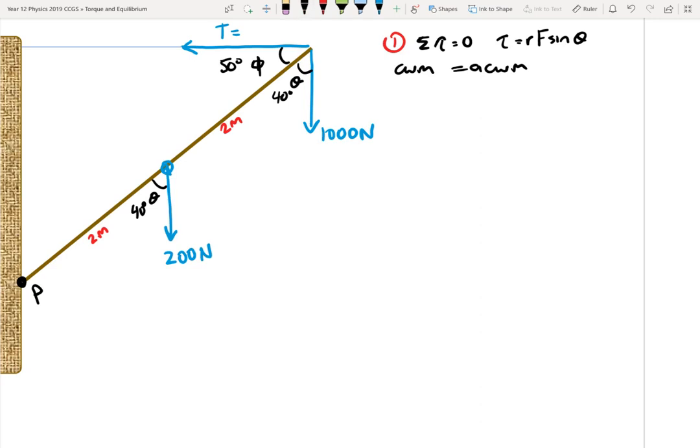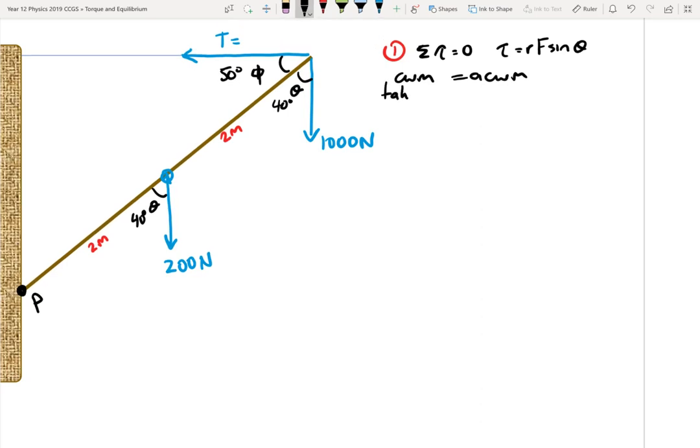Or taking moment about P. I've identified the pivot point on my question. Now, I'm just going to do a little mid-step here.